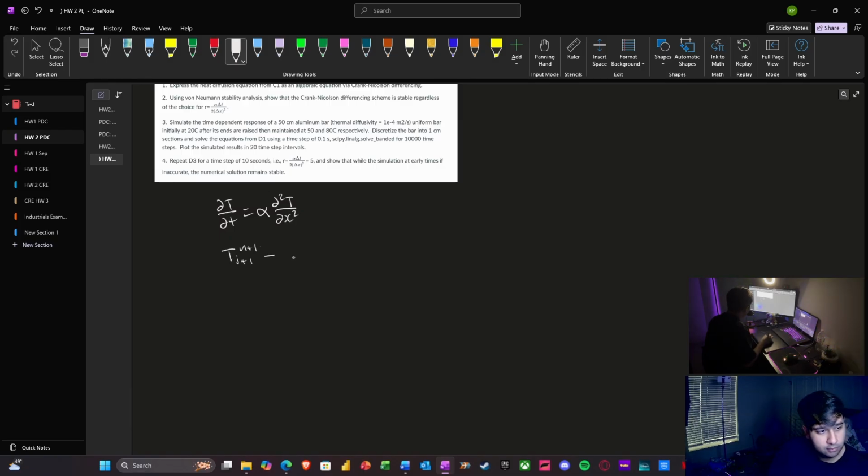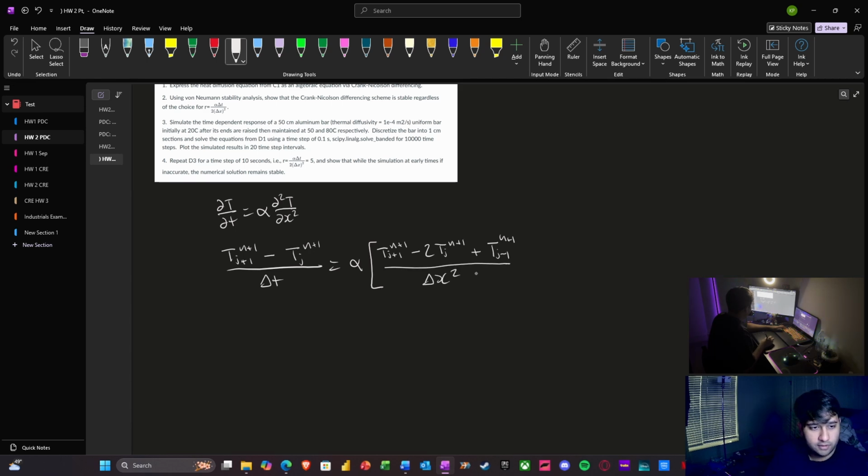T_j^(n+1) minus T_j^n over delta t equals our alpha times our matrix: T_(j+1)^(n+1) minus 2T_j^(n+1) plus T_(j-1)^(n+1) over our delta x squared.